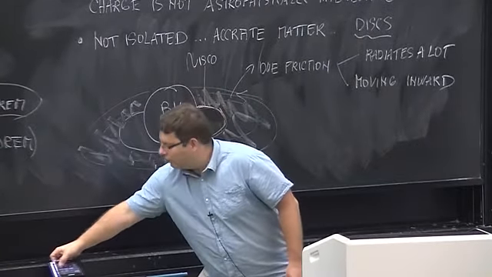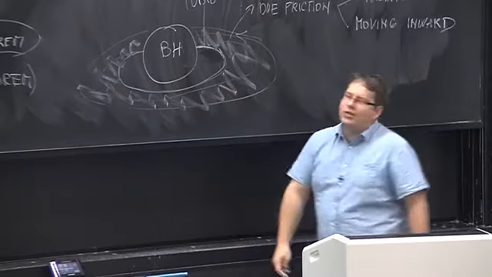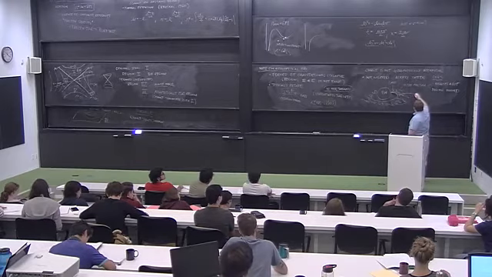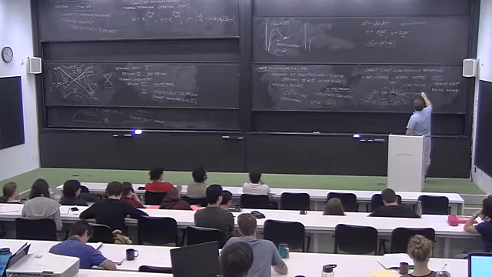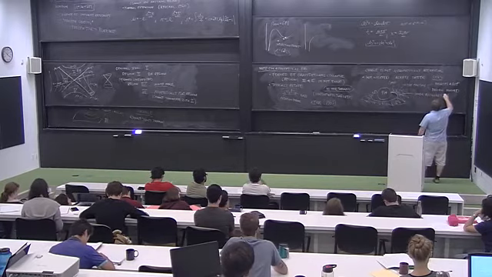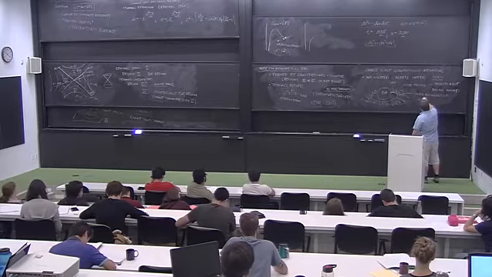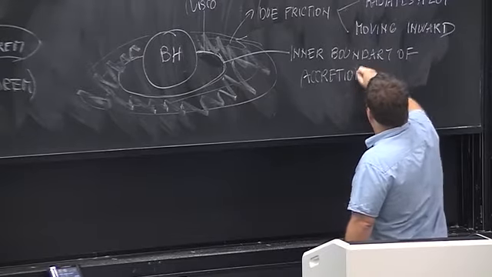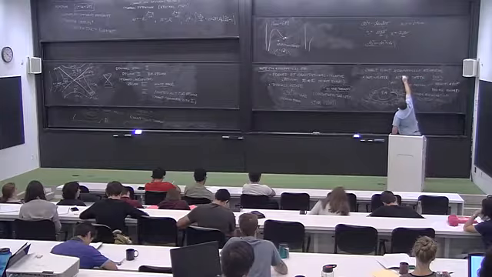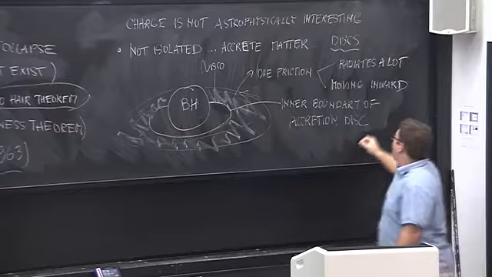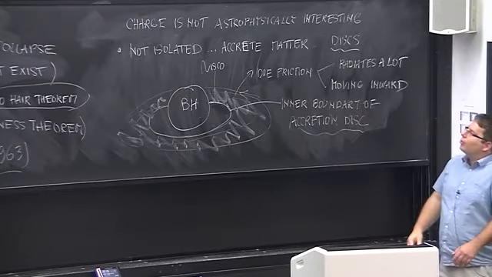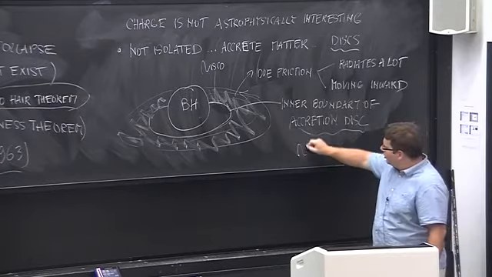Okay, so now this is actually a very interesting prediction of general relativity, right? There's this inner boundary of the accretion disk, and this innermost stable circular orbit is at R equal to 6m for Schwarzschild.